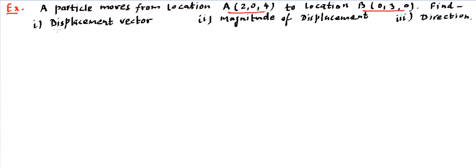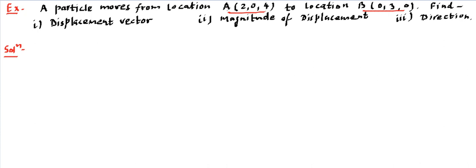We need to find the displacement vector as the first part, magnitude of displacement as the second part, and direction of displacement as the third part. Okay, so let's see how we can solve it. Again, if you want, you can pause the video and solve it on your own and then check your answer.